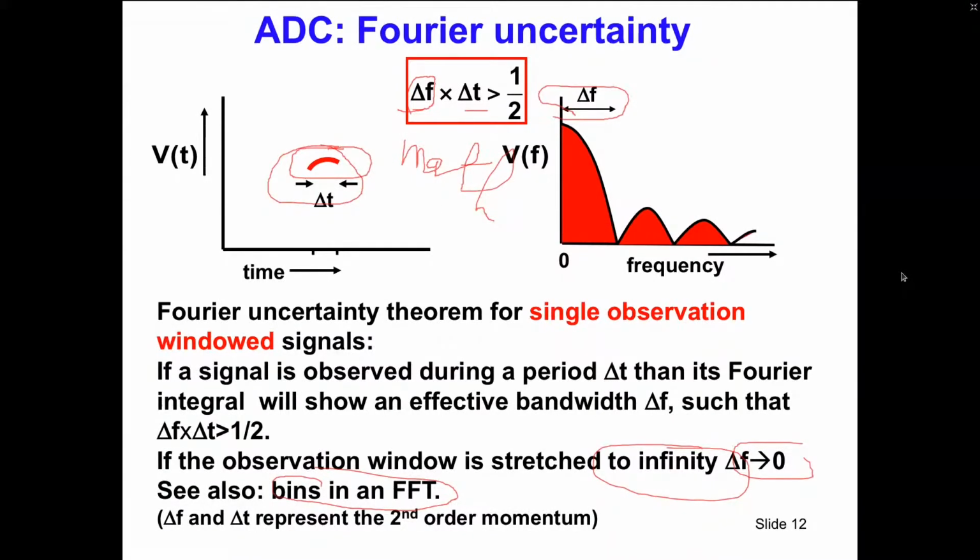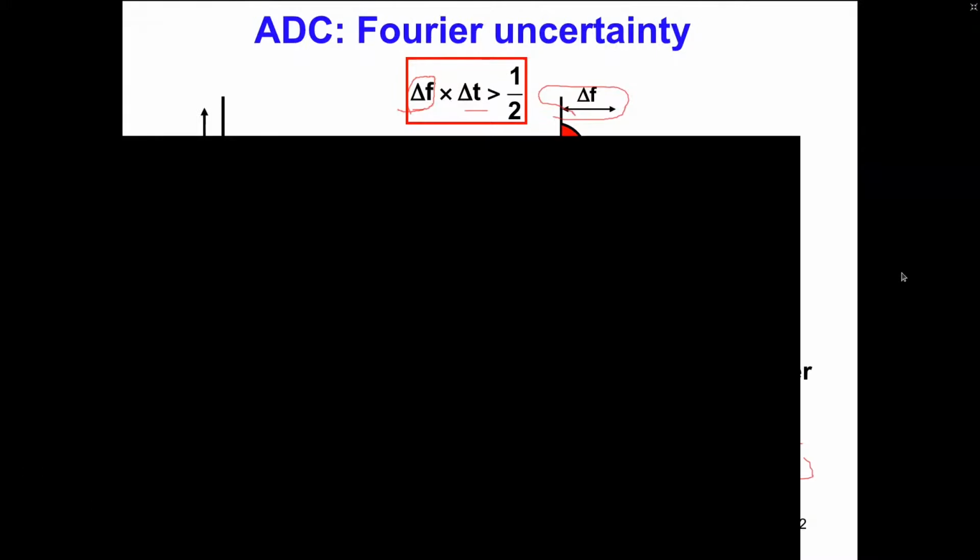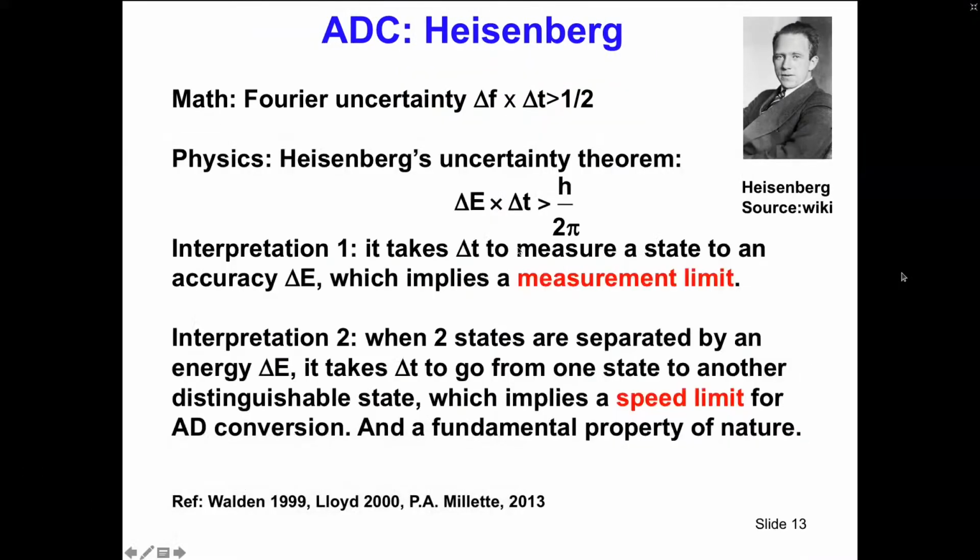This is a pretty fundamental mathematical theorem, but one that carries over in physics because there's a certain Mr. Heisenberg who took the fundamentals of that uncertainty theorem and extended that and applied it into a physics theorem that you may know in various forms.